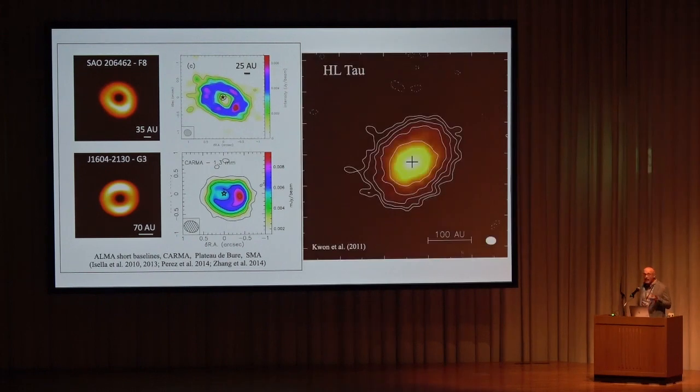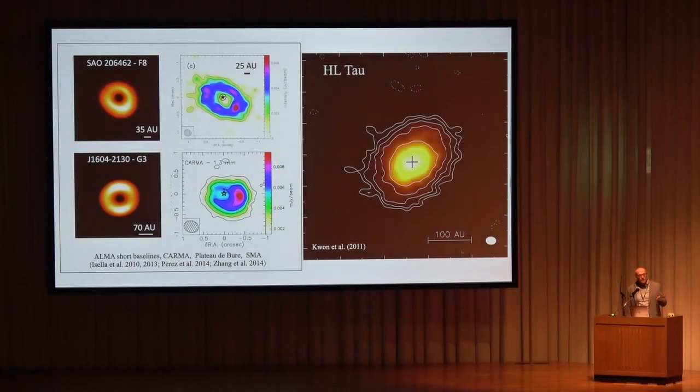At that time, classical disks that were not transitional looked like this. This is a very famous example that you all know. I cannot avoid mentioning HL Tau. These are CARMA observations that already achieved pretty high angular resolution in dust continuum, roughly 0.1 arcsecond, and the disk looks pretty smooth, with no structure.